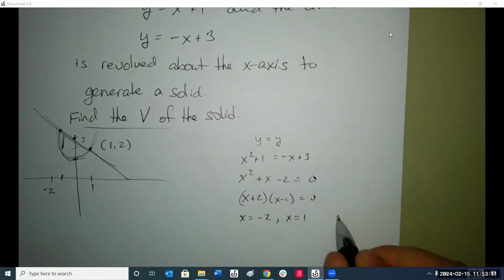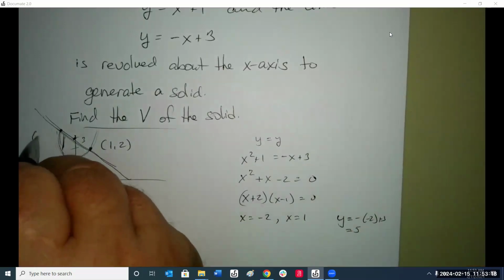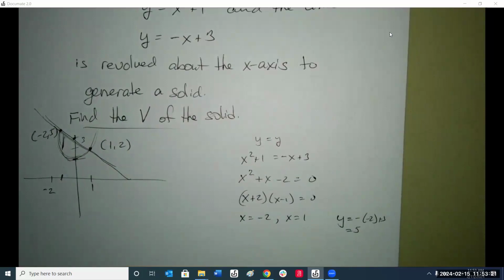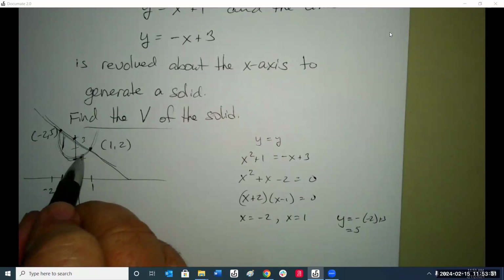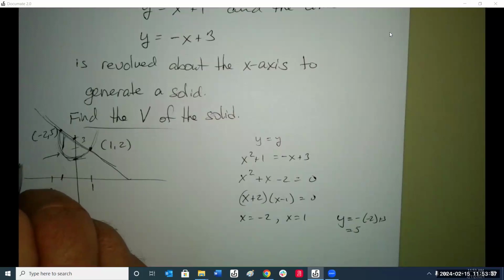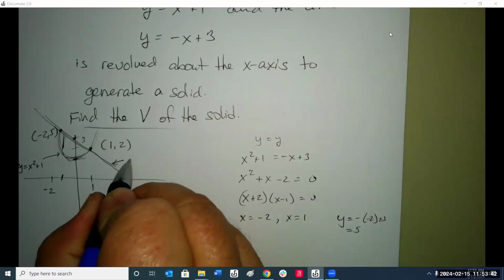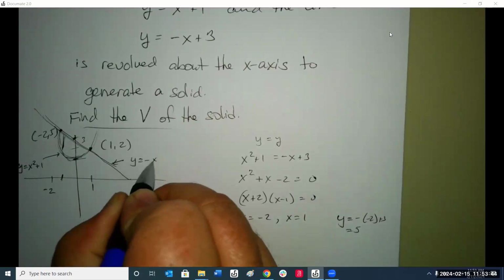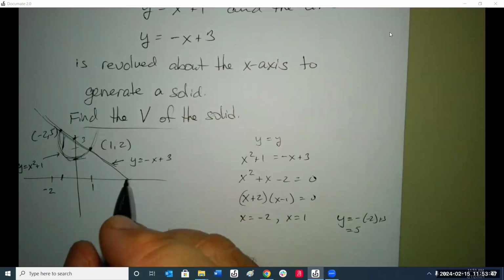So if we plug in negative of negative 2 plus 3, we get 5. So we have a point at negative 2, 5. The curve down here is x squared plus 1. This line is y equals negative x plus 3.